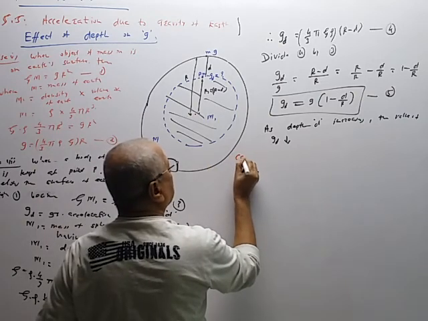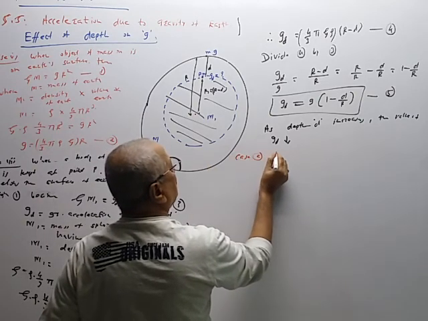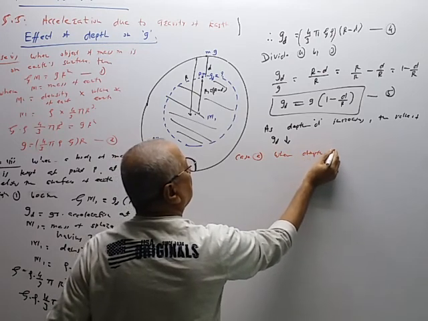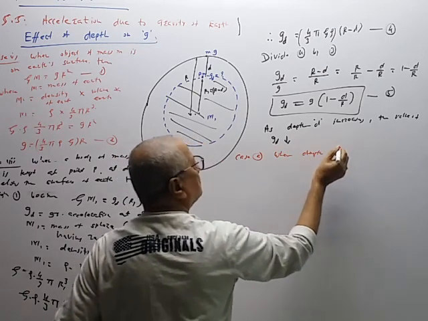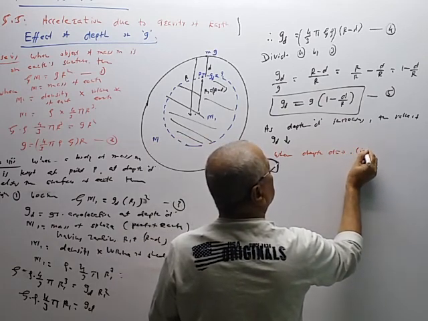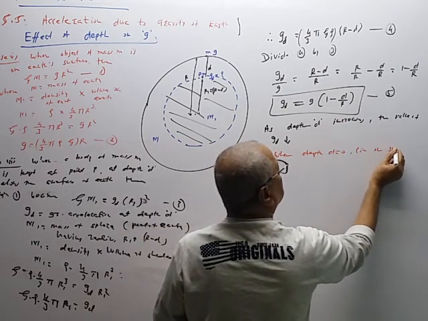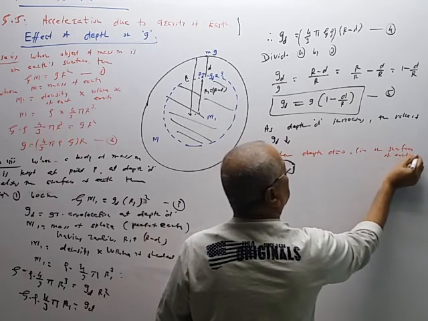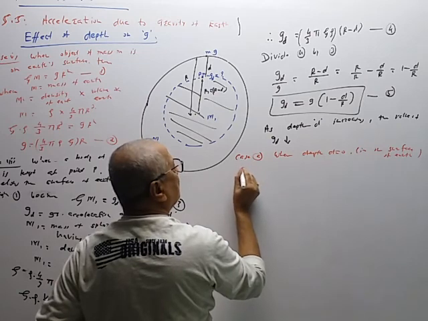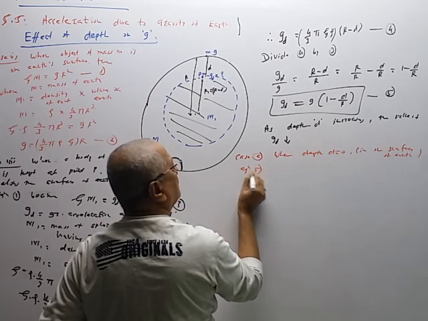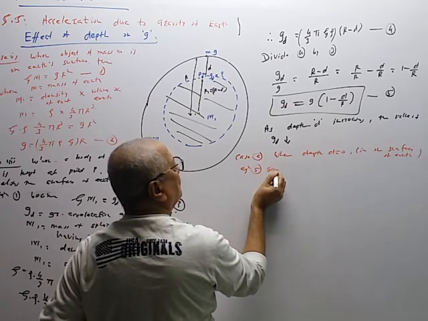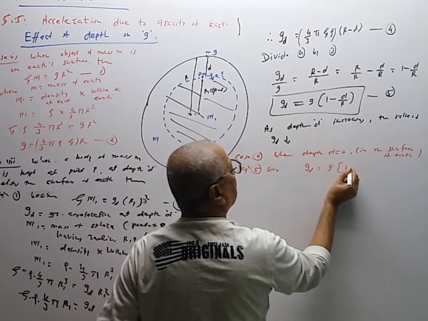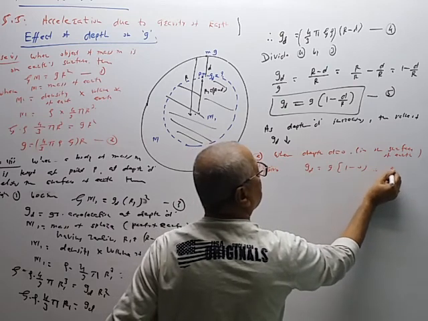Case A, when depth d is equal to 0, that is on surface of earth, this equation 5 gives gd is equal to g into bracket 1 minus 0, and therefore gd is equal to g.